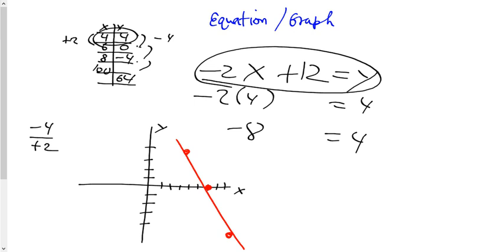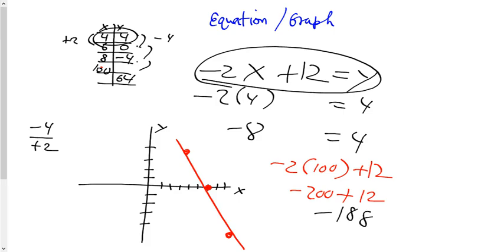Okay. Finally, into your equation, if x is 100, substitute it. Or is that supposed to be 12? Okay, so once you have that, you get negative 188 for your y value.